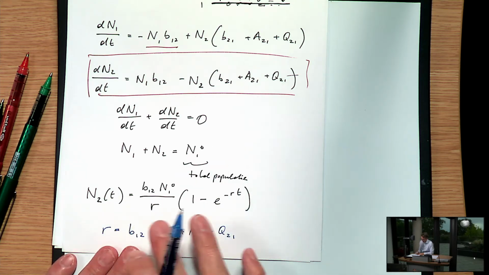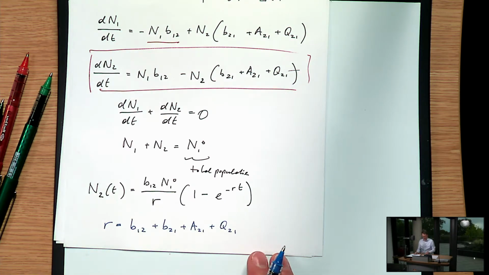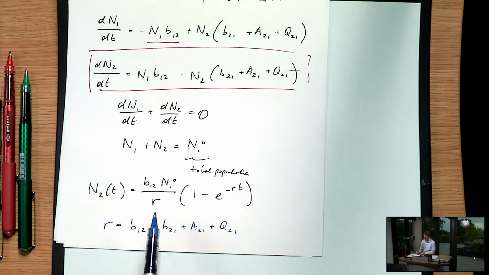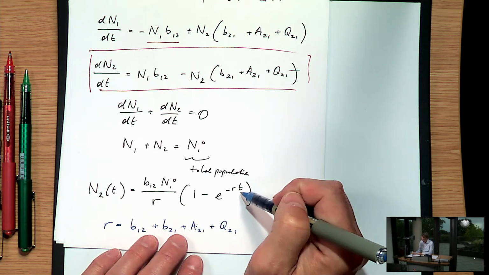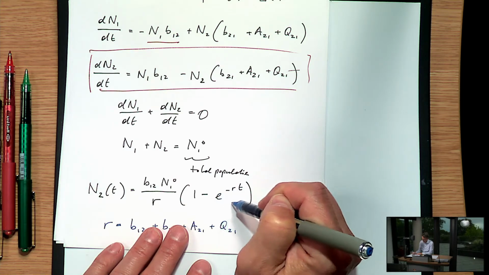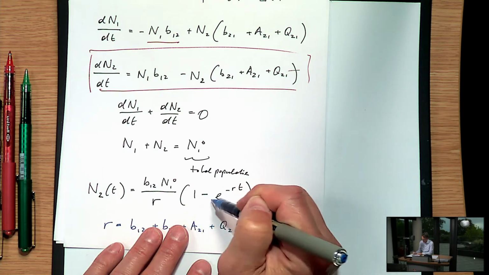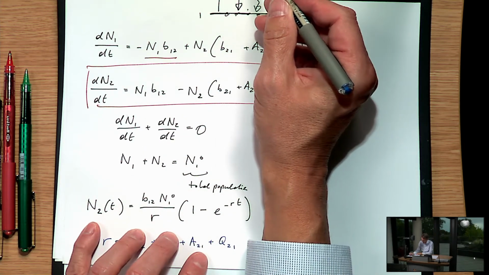Let me just explore this with you. Let's look at this equation here. What you can see is that if t is very small, at t equals 0, that term is 1. So you get 1 minus 1, so the initial population in N2 is 0, obviously.